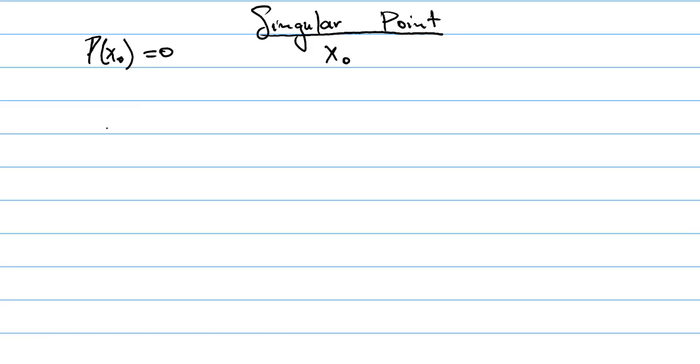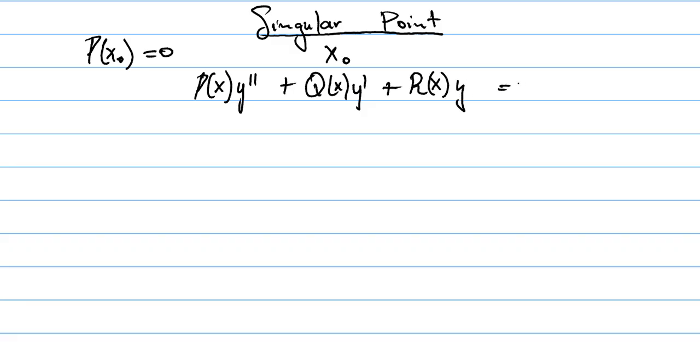Is it regular or is it irregular? So this is our equation: p of x y double prime plus your q of x y prime plus your r of x y is equal to 0.